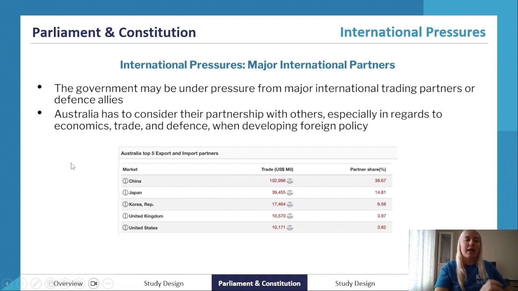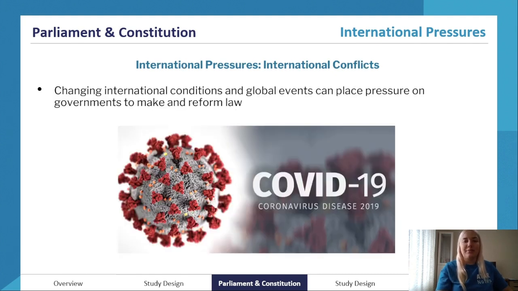If you remember, a long time ago when COVID started, Australia was accusing China of creating and releasing the COVID virus. As a result, it was all over the news for a while that they imposed restrictions on our import and export. So that's a great example.